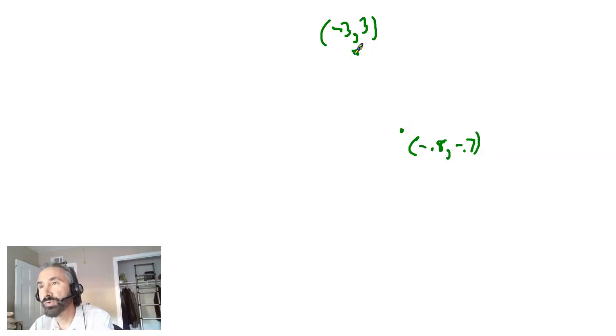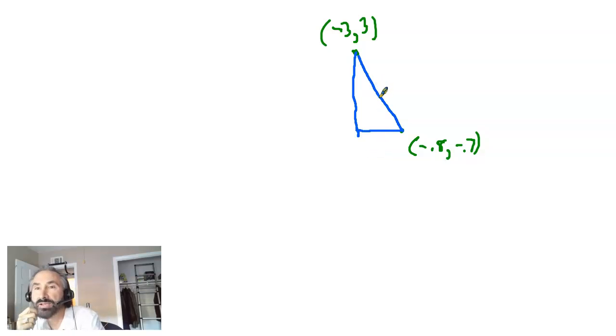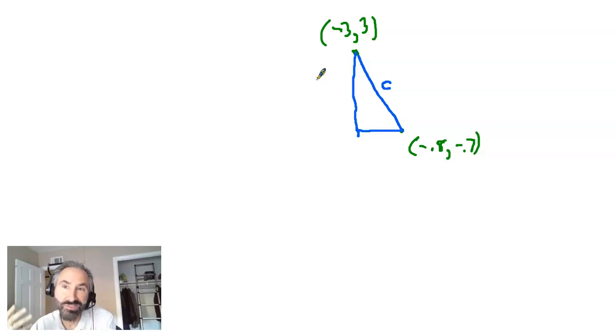What we're going to do is make a vertical line that goes down like this, and a horizontal line that connects across like this, and then we'll make a diagonal line between the 2 points. The diagonal line between the 2 points is the hypotenuse, and whatever length that is, that'll be the distance. We're going to call it little c for now, because when we use Pythagorean theorem, the c is usually the hypotenuse.